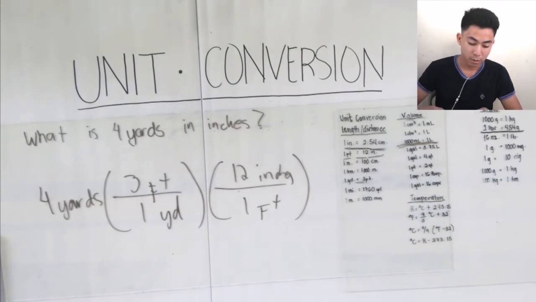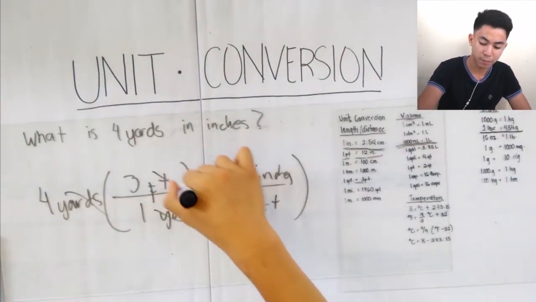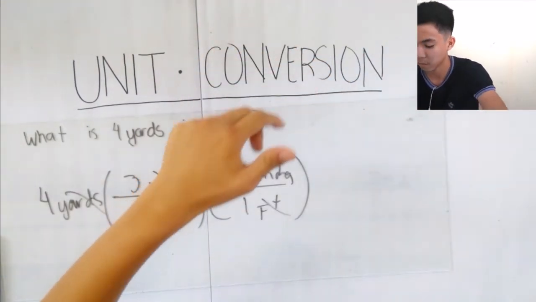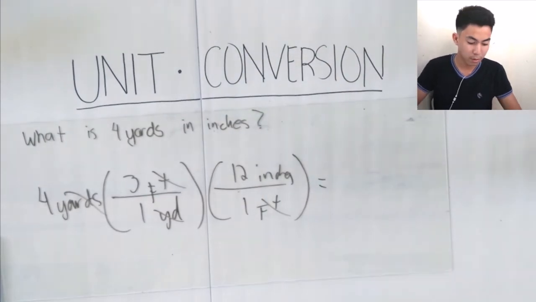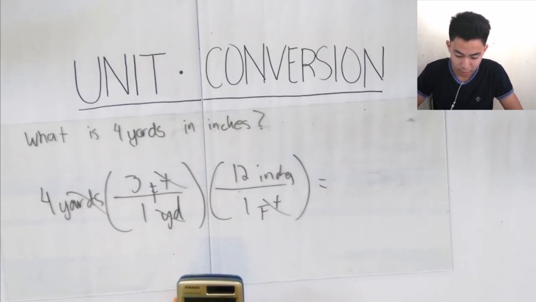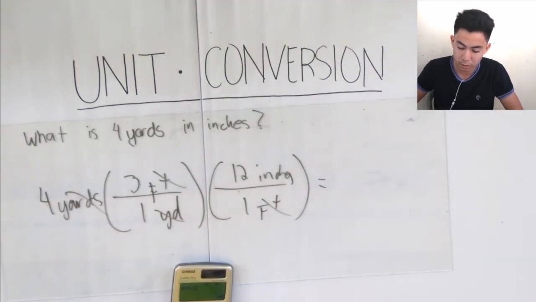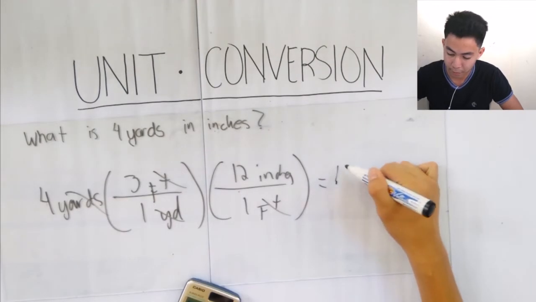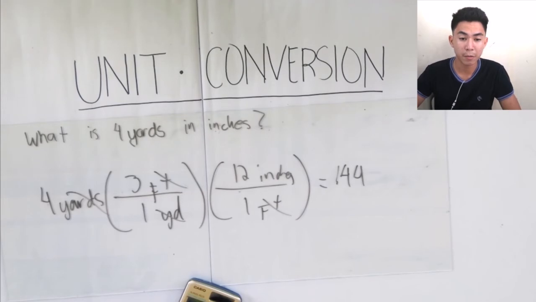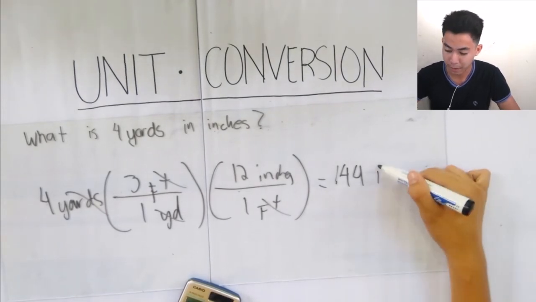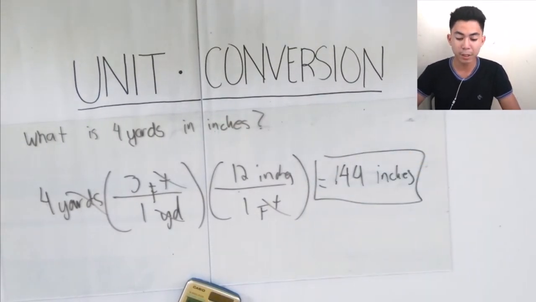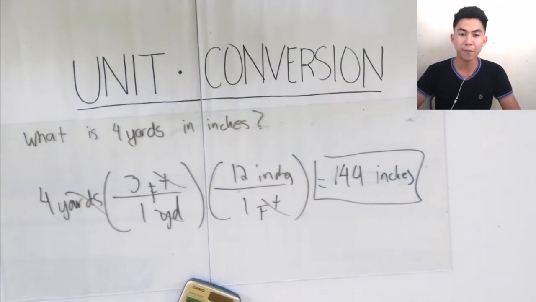So cancel the yards, feet, and 4 multiplied by 3 multiplied by 12 is equal to 144. And the unit left in the equation is inches, so copy. And 4 yards in inches is 144 inches.